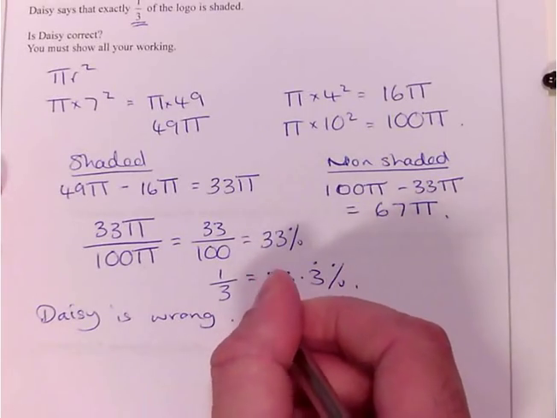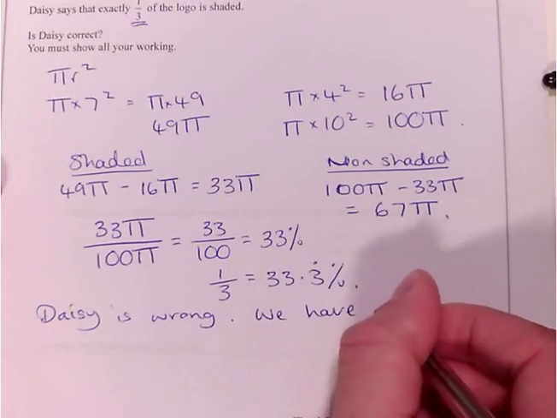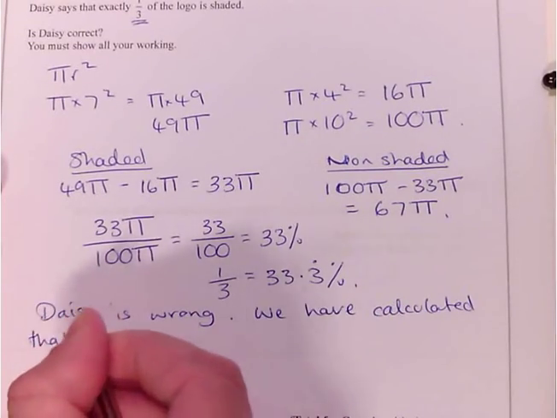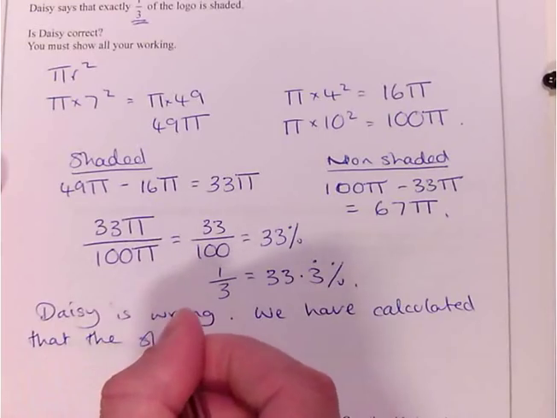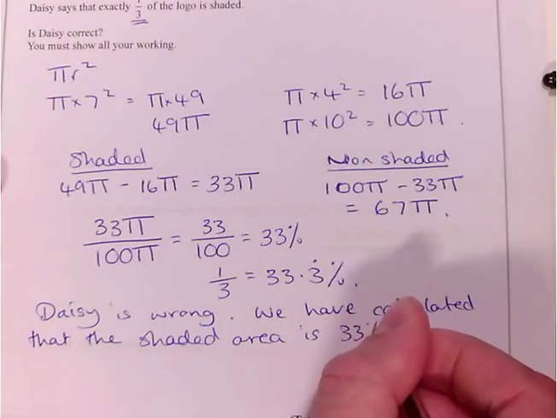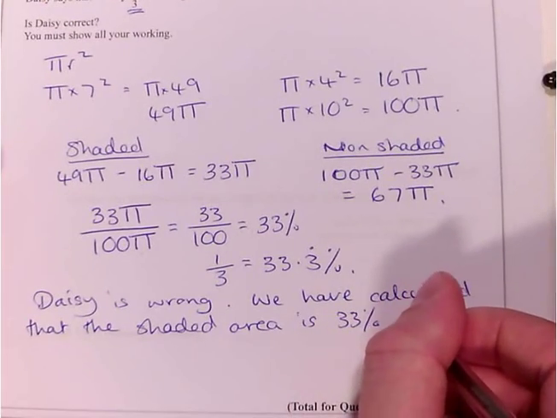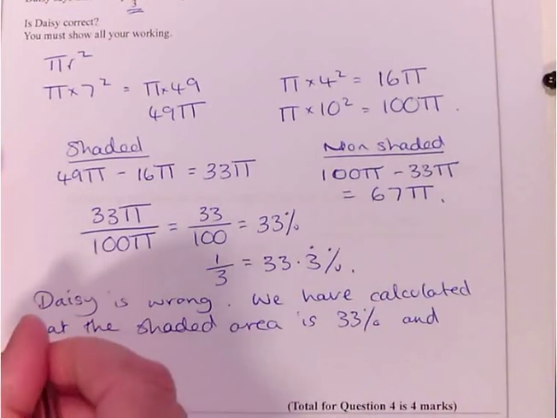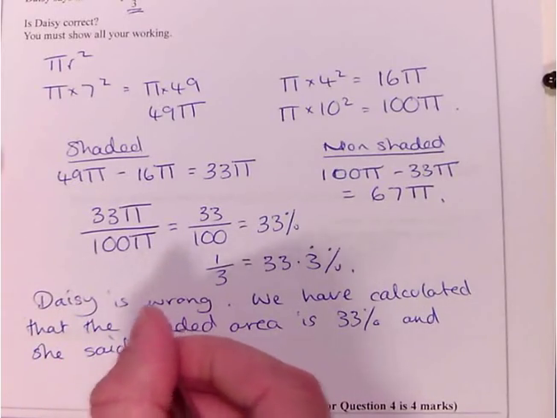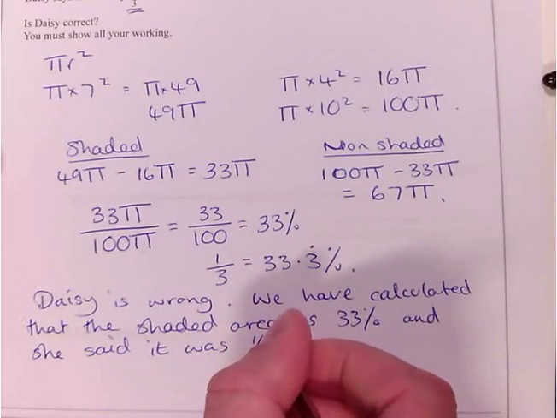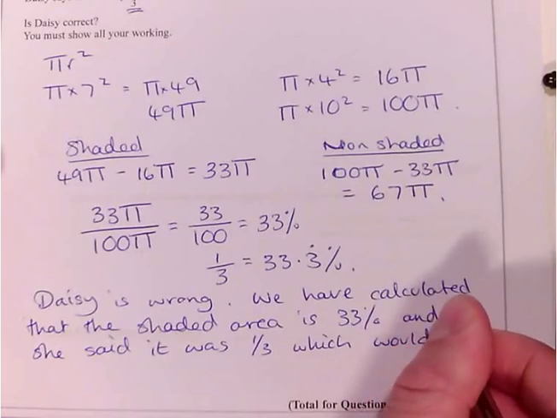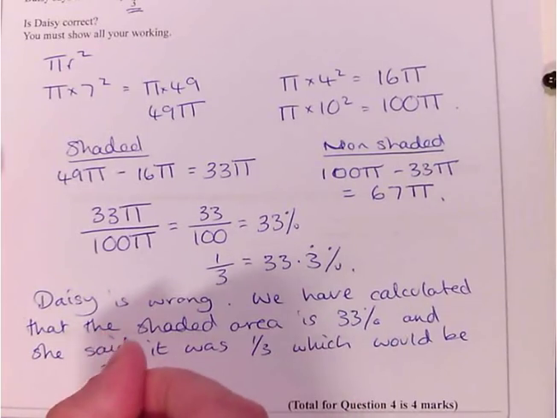We have calculated that the shaded area is 33% and she said it was 1/3, which would be 33.3%.